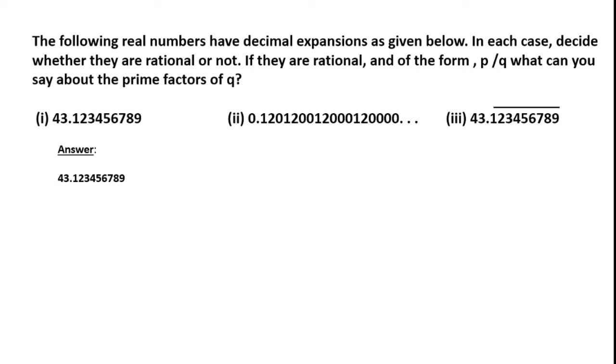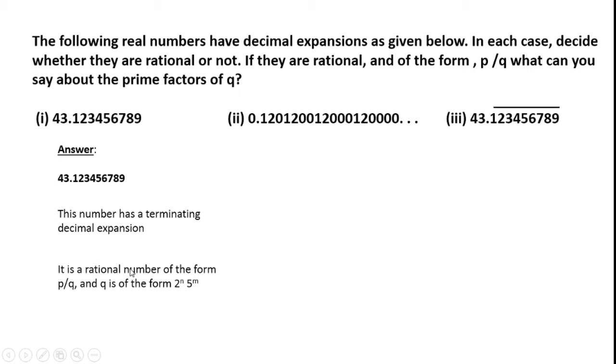First we are taking 43.123456789. Is this terminating or non-terminating? It is a terminating decimal expansion. See here, it stops here. So we can say that it is a rational number of the form p by q, and q is of the form 2 to the power n, 5 to the power m.